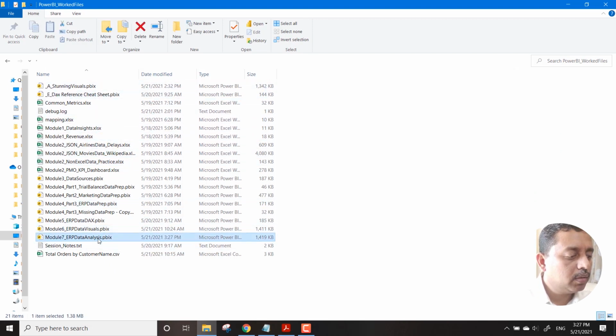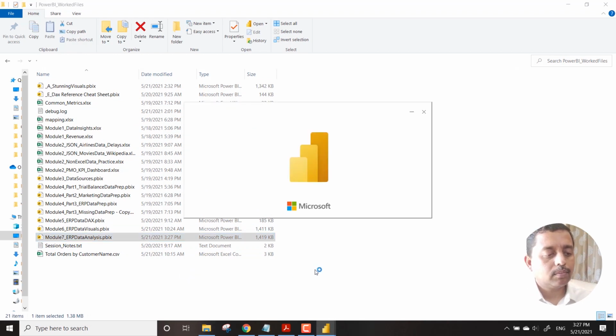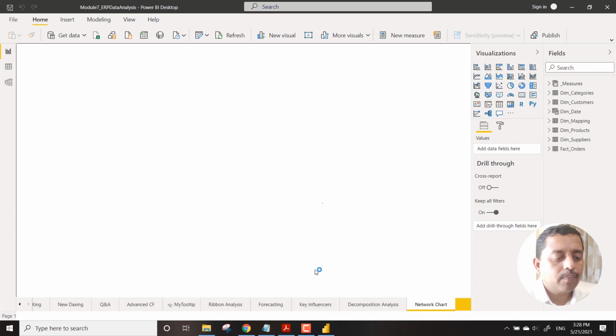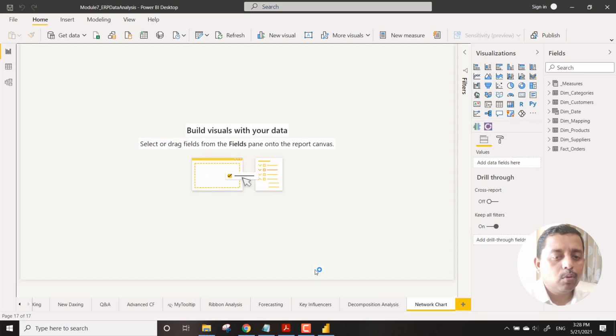So we have the data analysis. You can see not much of difference from the previous file, which was related to your data visuals and the data analysis that we have associated. Not much of difference in these two, but ideally we should be able to see both the factors over here.